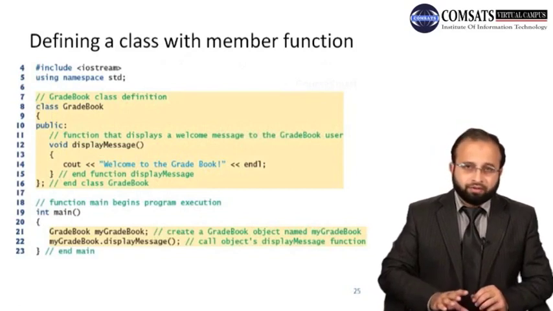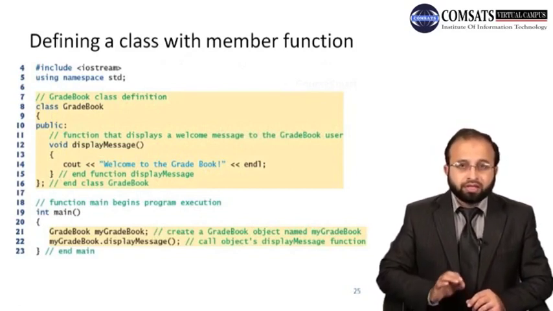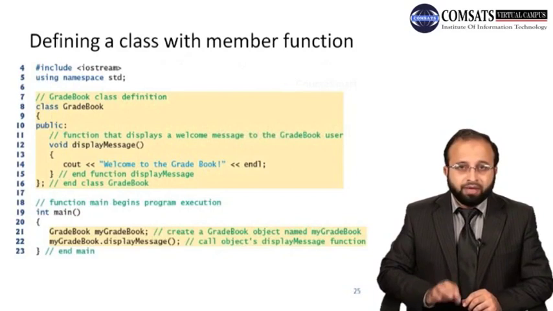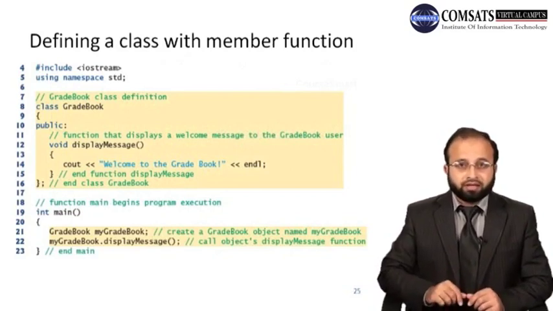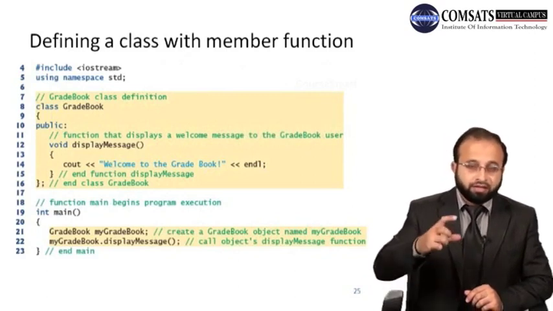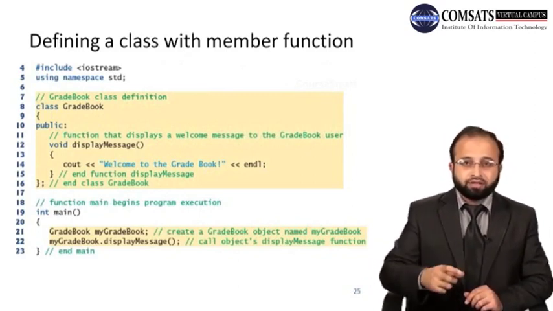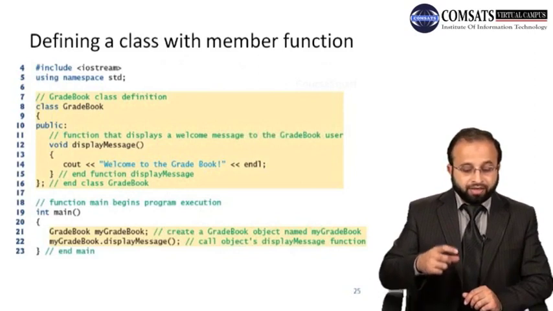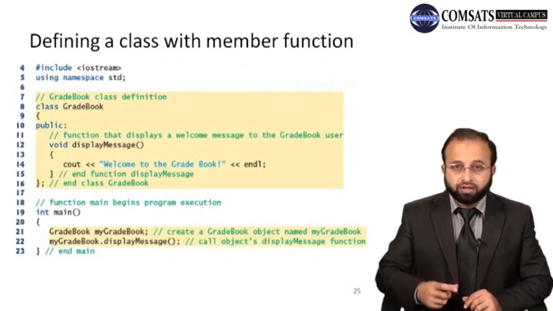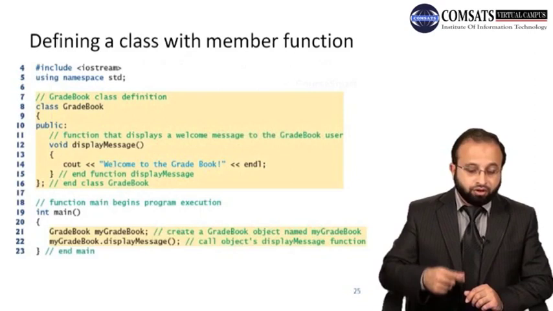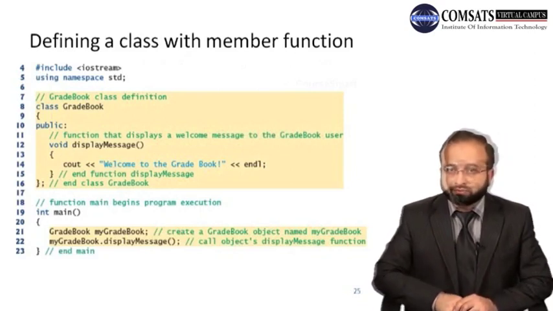Now what is a public function? A public function is a function that can be called or accessed using an object of that class outside that class definition. So outside this class definition, let's say inside the main function, you can call the displayMessage function using some object of the GradeBook class, right?